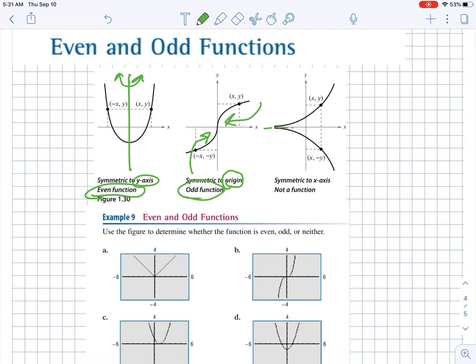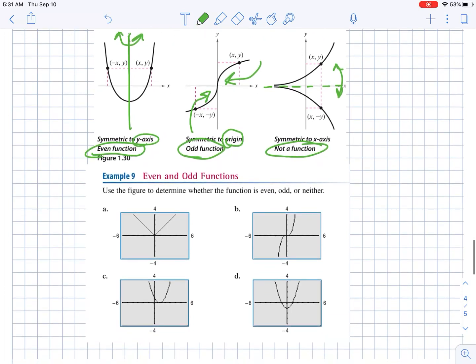And if it's symmetric to the x-axis right here, so you can flip it over the x-axis from here to here, we actually call that not a function. So we're going to use this representation to help us think. Here we see that it's symmetrical right here on the y-axis, so we know that this is an even function. Here we see that it's symmetrical about right here, so I could rotate it onto itself.